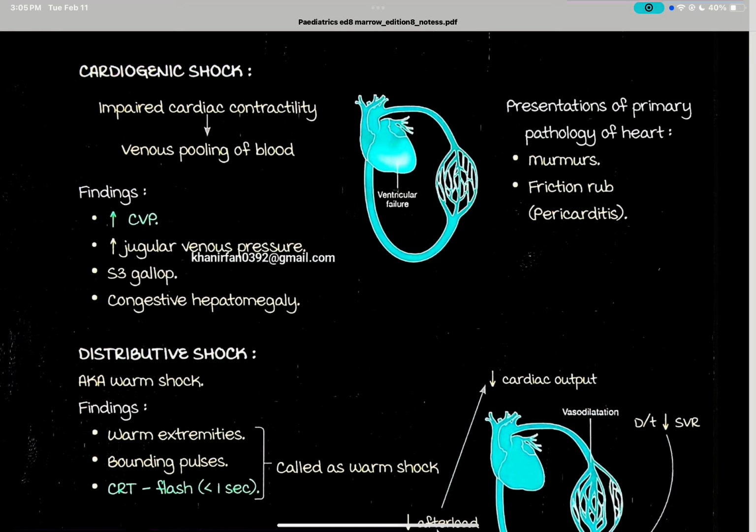Presentations of primary pathology of the heart, murmurs and frictional pericarditis. Findings: increased central venous pressure, increased jugular venous pressure, S3 gallop, and congestive hepatomegaly.